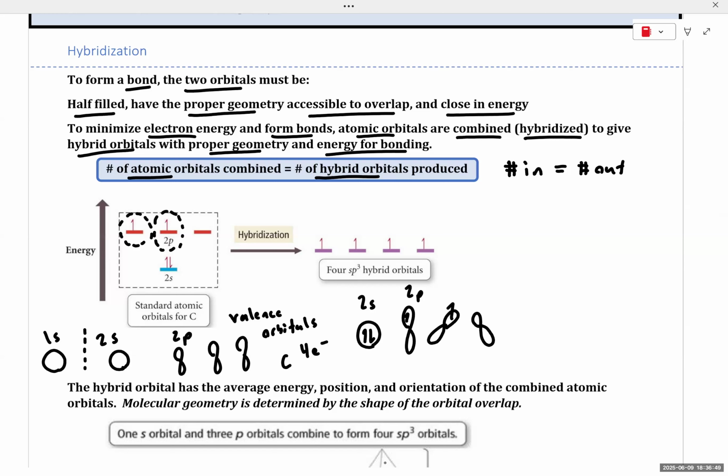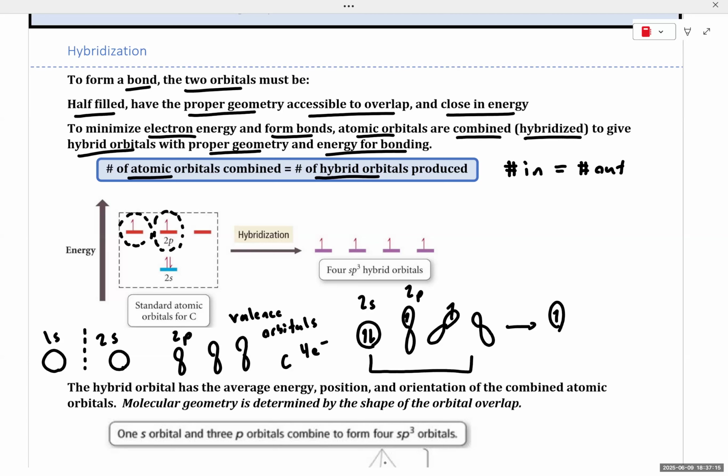So what we're going to do in order to generate hybrid orbitals with the correct energy, occupancy, meaning that they're half filled, and geometry, we're going to hybridize these 2s and 2p orbitals to generate 4 hybrid orbitals. We took 4 atomic orbitals and we get out 4 hybrid orbitals.